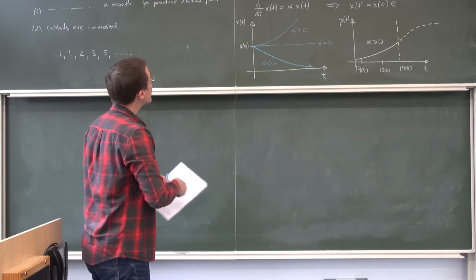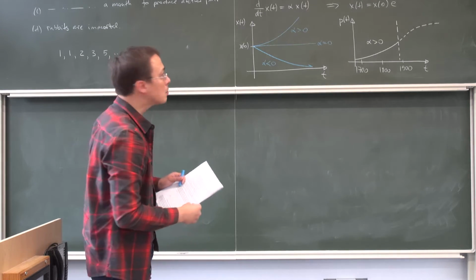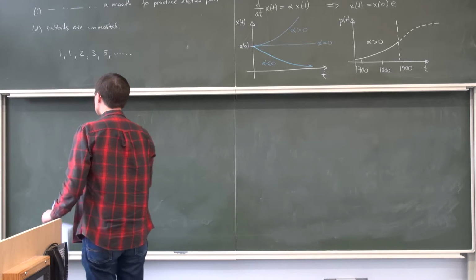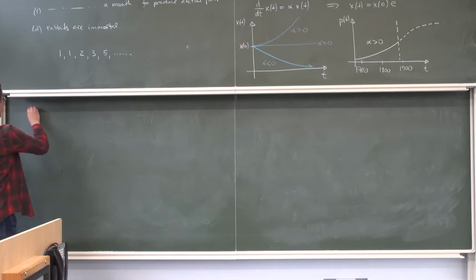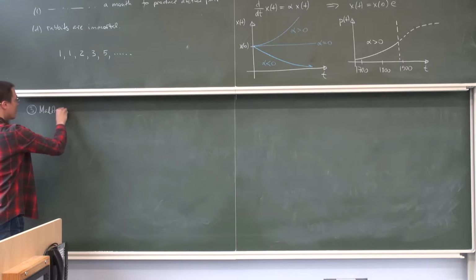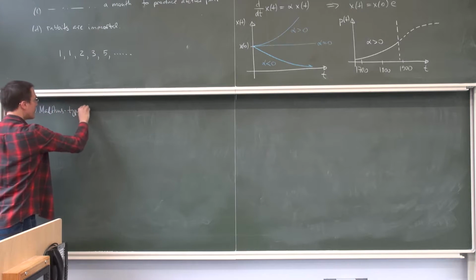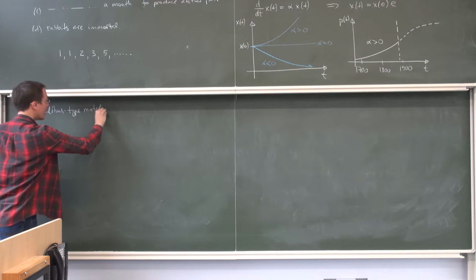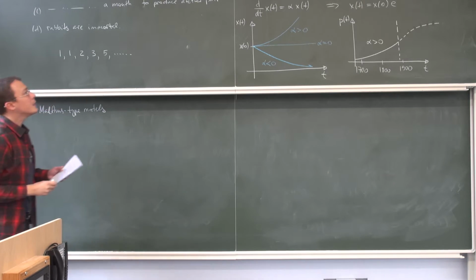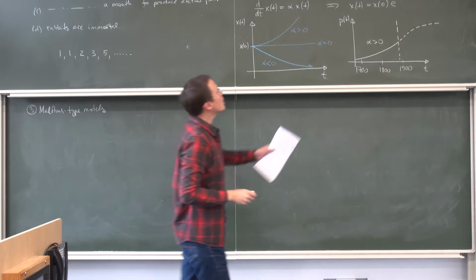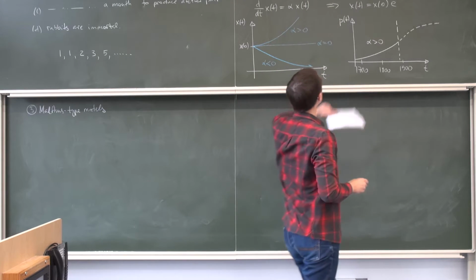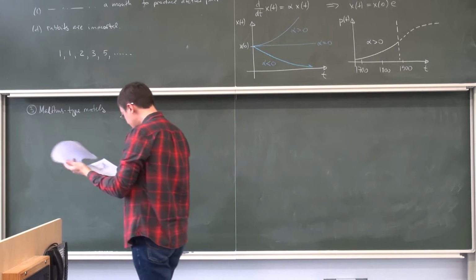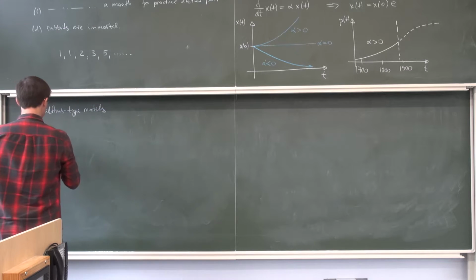So why don't we now generalize this into the more general Malthus type population models? So item 3, Malthus type models. We will say, okay, these are not actually linear functions with just the coefficient a, but these are some functions nonetheless.